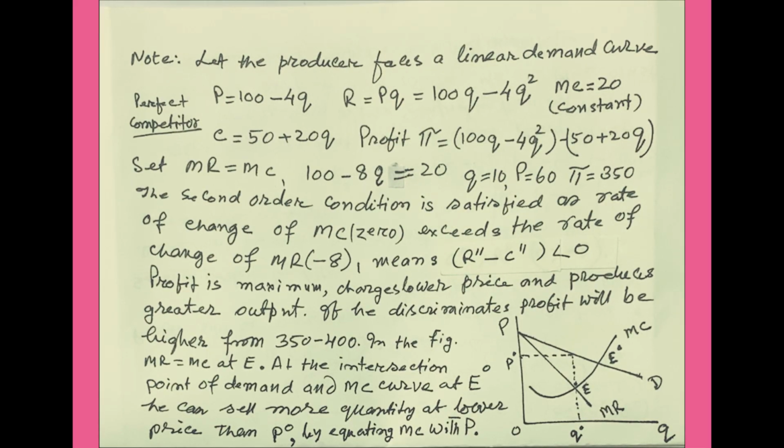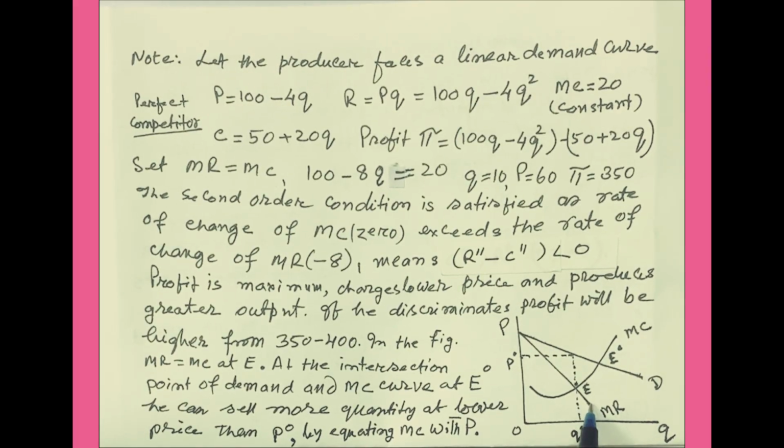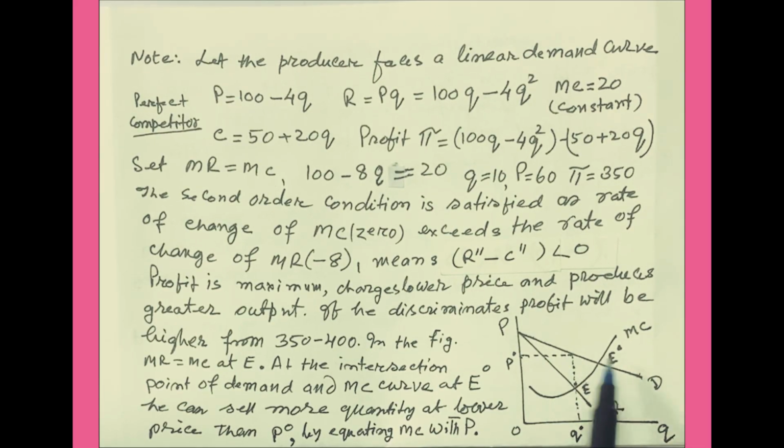Now let us examine the figure. I have given a symbolic figure where marginal revenue is equal to marginal cost at E. Suppose this is our marginal revenue line, this is the demand, that means our price curve, and this is the marginal cost curve.